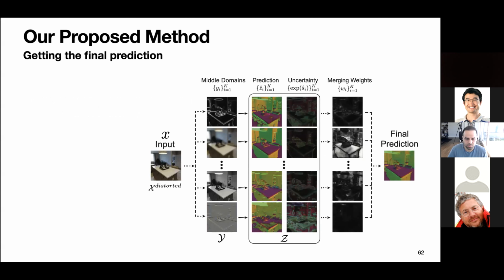For instance, if you receive this image that has been distorted and extract a set of middle domains from it, let's say 2D edges or a low pass filtered or grayscale or embossed filter, and you learn to predict, say, your target domain, in this case, surface normals, from these middle domains, you will get this set of different predictions. Okay, and if you can merge these into one final prediction, you would hope that you'll end up with a more robust final prediction, because these are different domains and they are impacted by different distortions differently.